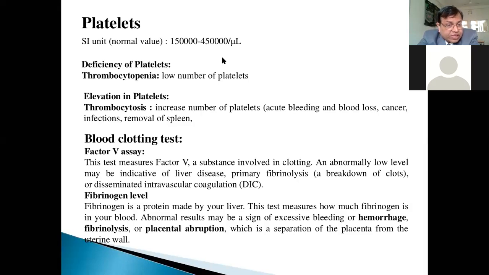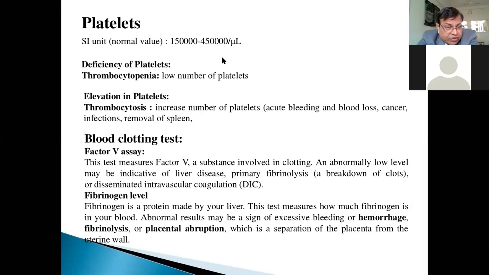Now, the factor V assay measures factor V, a substance involved in clotting. An abnormally low level may indicate liver disease, primary fibrinolysis, the breakdown of clots, and disseminated intravascular coagulation, that is called DIC.